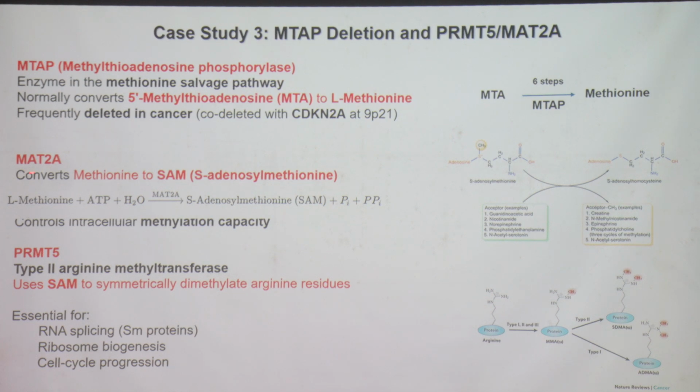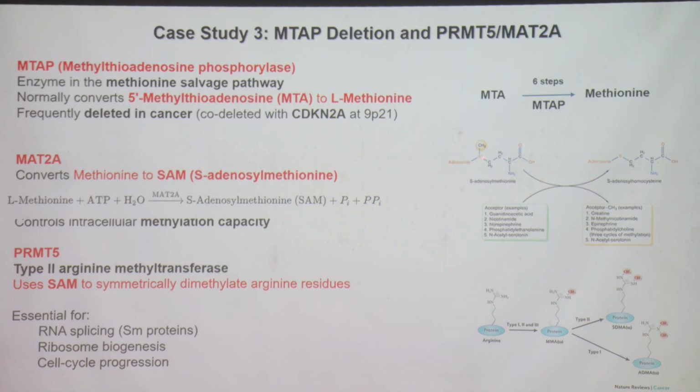Then there is another enzyme which takes this methionine and converts it to S-adenosyl methionine, or SAM. The reaction is methionine plus ATP plus water. This enzyme converts it to S-adenosyl methionine. Look at this structure here. Nobody calls it S-adenosyl methionine, we all call it SAM.